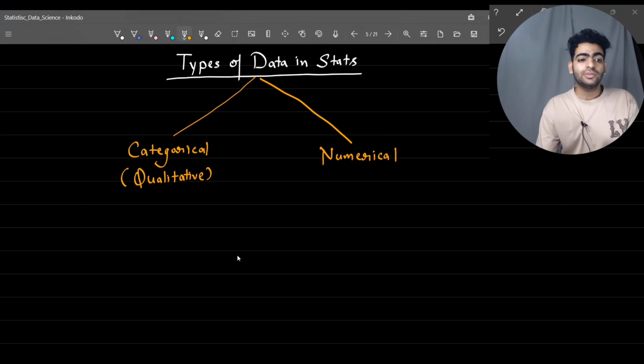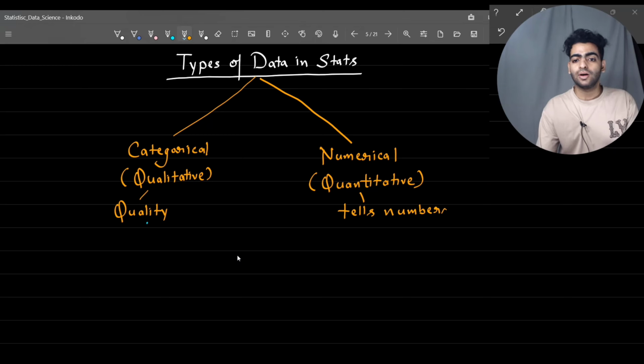Qualitative basically means that it has some kind of quality or characteristics. Whereas numerical data is also known as quantitative data. It tells about numbers, or you can say it actually tells about quantity.